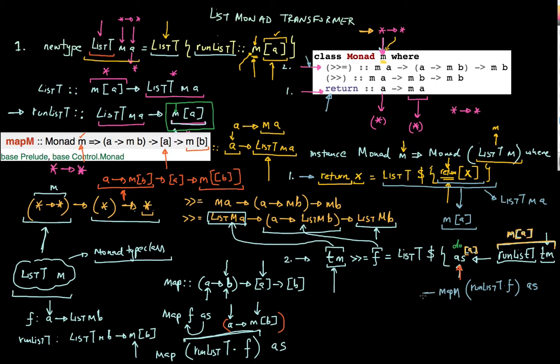Because this entire piece over here gives you back a monadic value, it has the following type: some value of type m of list of B's.